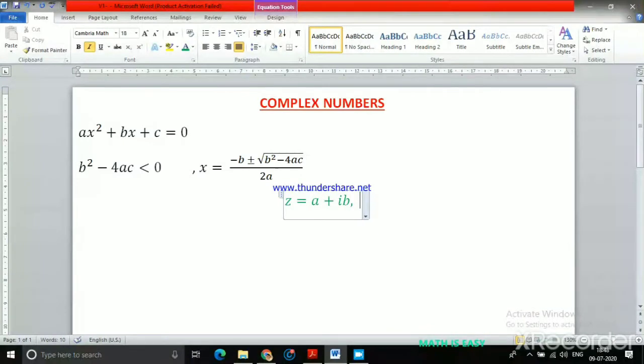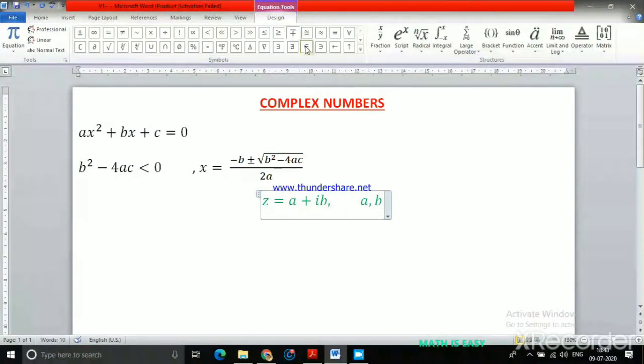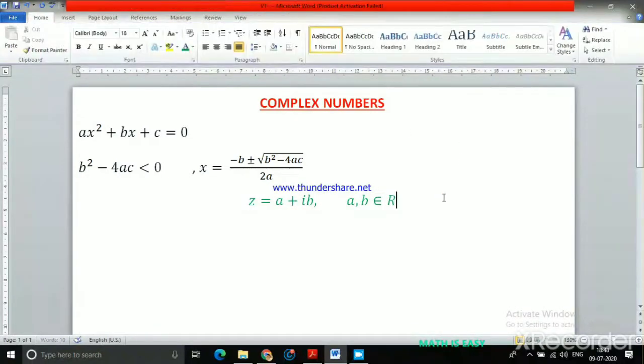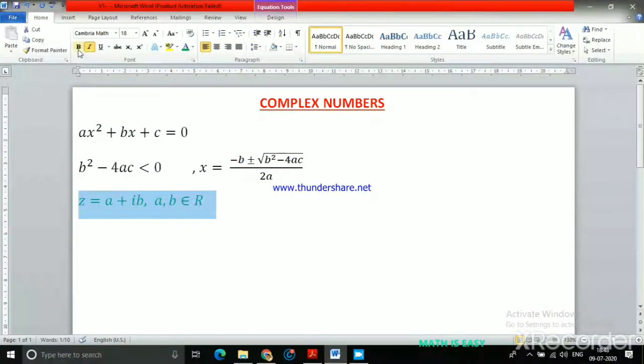So here a and b both are real numbers. That means when I say real numbers, a can be a fraction, b can be a fractional number, a can be a root number, b also can be a root number, or a or b values can be decimal numbers.